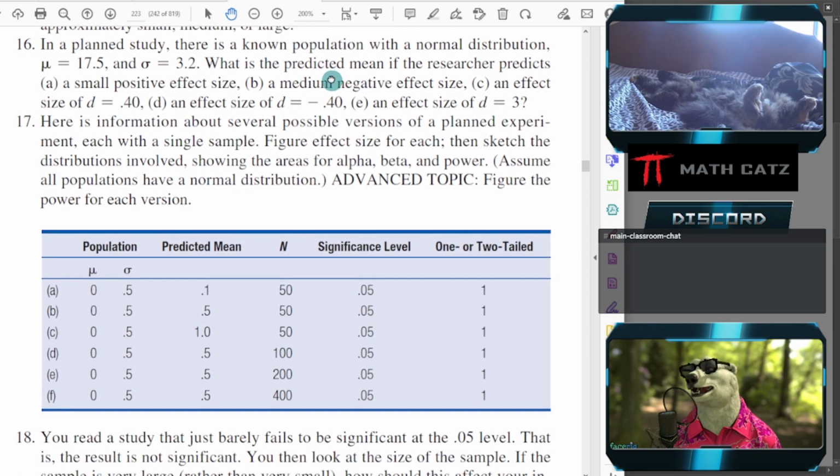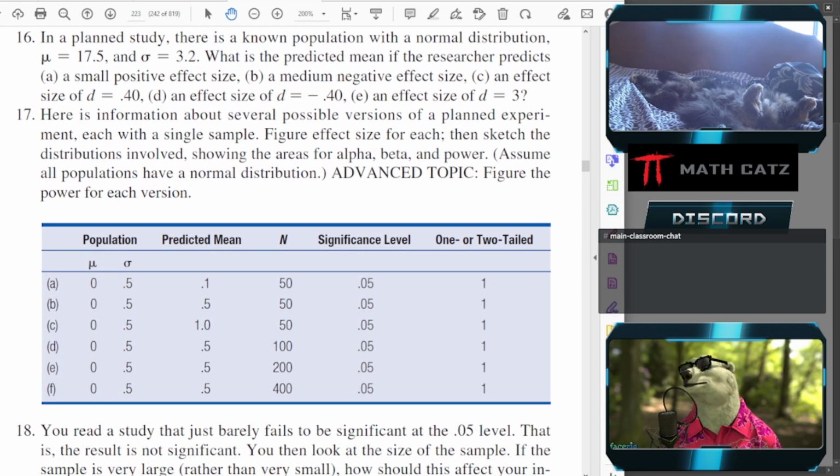Let's do number 16 as well, which flips this around a little bit. Let's read this first. In a planned study, there is a known population with a normal distribution, mu 17.5 and sigma 3.2. What is the predicted mean if the researcher predicts a, first, small positive effect size?